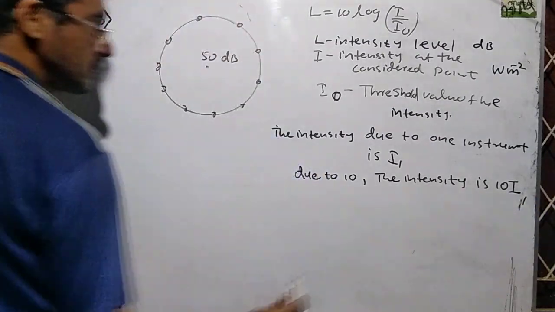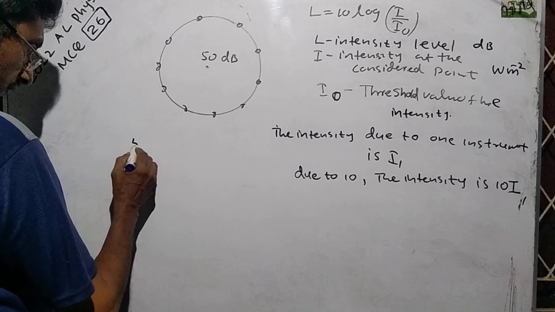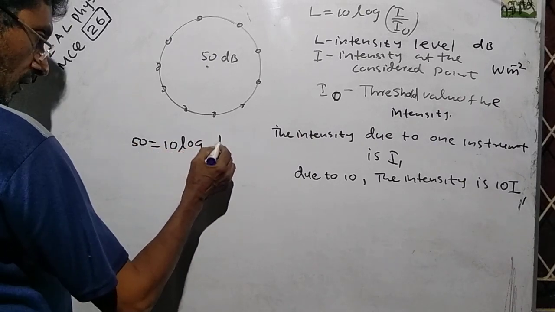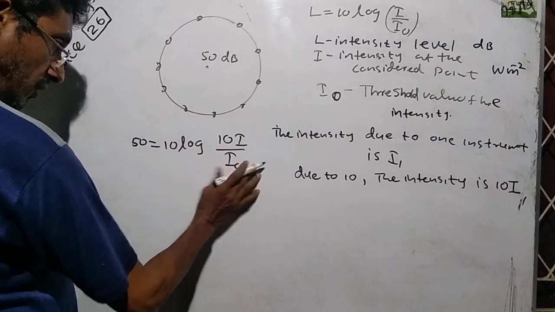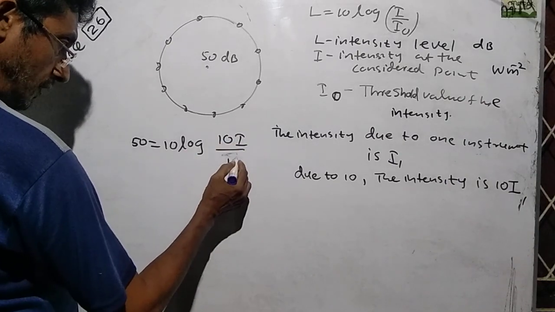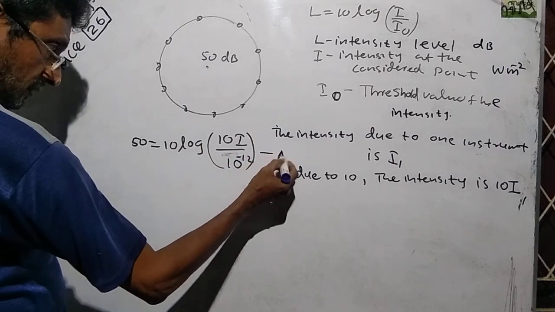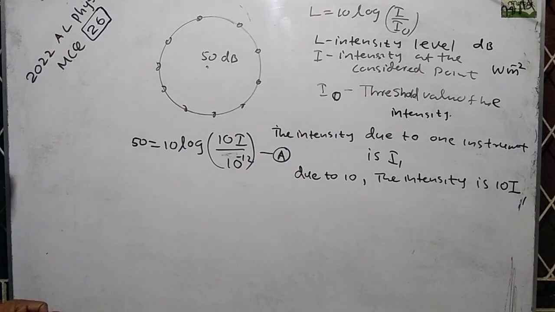Now I can substitute these into this equation. 50 is equal to 10 log 10I1 divided by I naught. I naught is 10 to the power minus 12. I label this equation A, and I consider the next occasion.